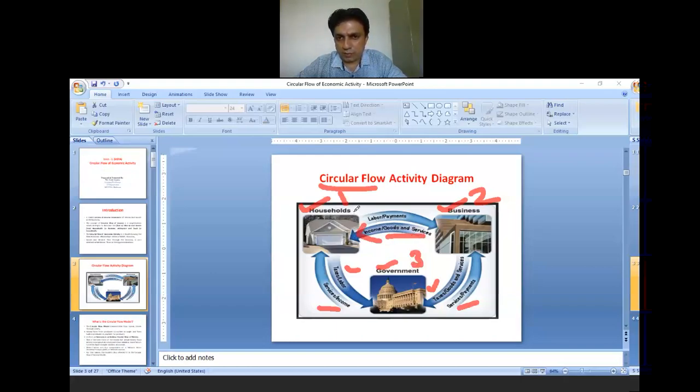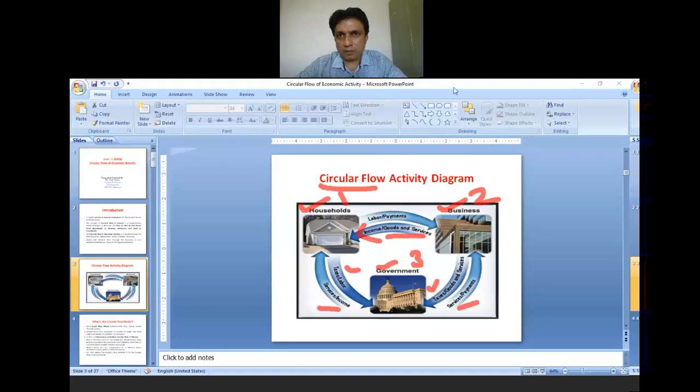So one is the consumer, the second is the business or the firms who produce the product or sell the product, and the third is the government, which provides the infrastructure for the consumer and the business to interact, and they also need the taxes from the consumer and the businesses, and in return the government provides the services to the consumer as well as the businesses. So this is the main diagram.